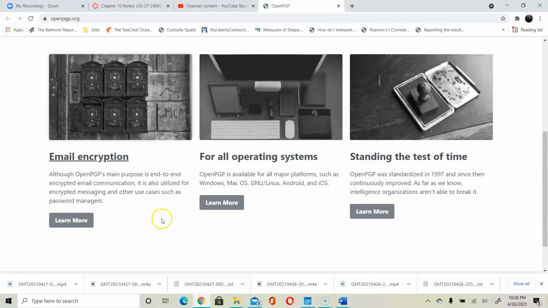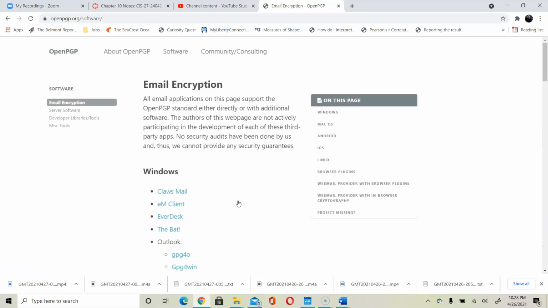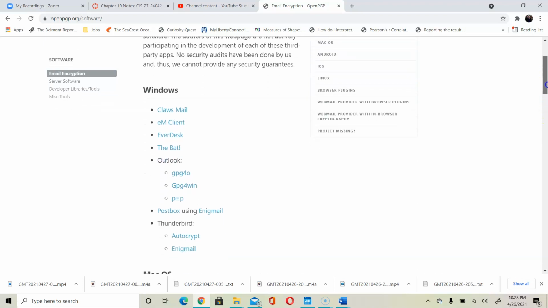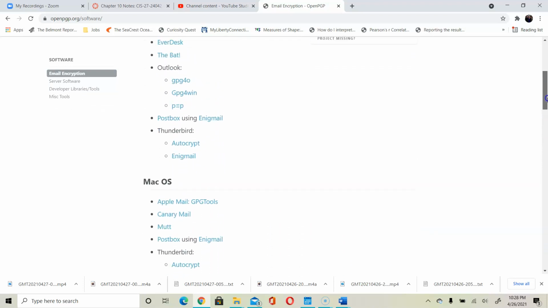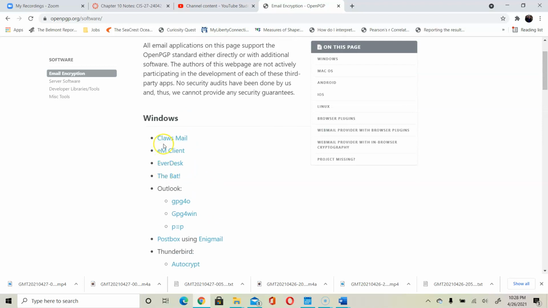So when we come here, we would look at the operating system that it supports. You can click more, and here it tells us that it supports Windows, Mac OS, iOS, Linux, and even browser-based types of email. Then we can select different types of applications for our platform.